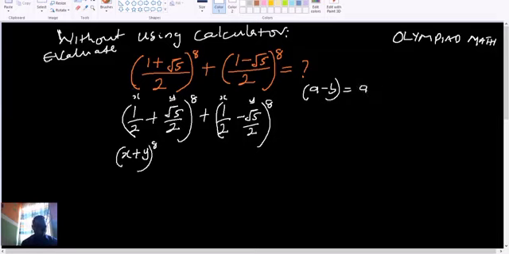What I'm telling you in essence is that we are going to use binomial expansion. For binomial expansion here, we are going to make use of Pascal's triangle. So you know Pascal's triangle. You have it here, 1 1. Then 1 2 1. Then 1 3 3 1.